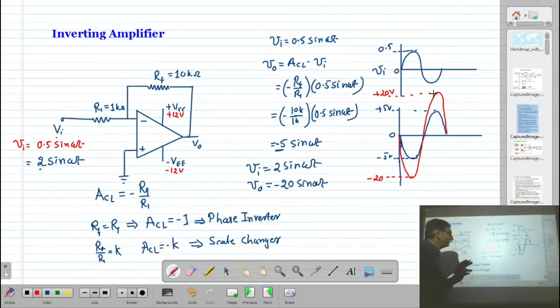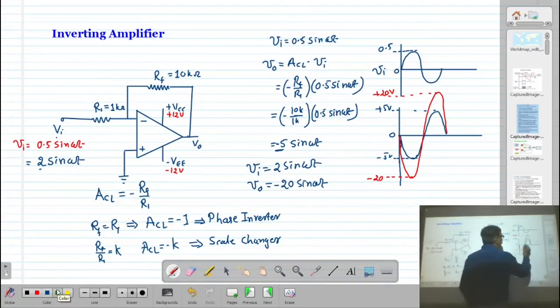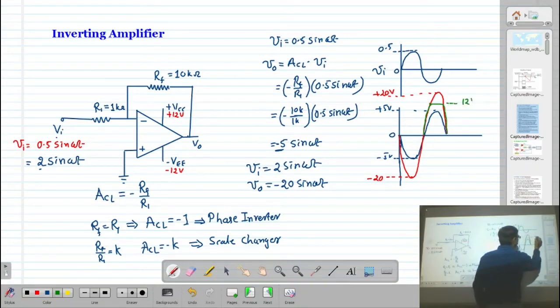So if you see this waveform, what will happen? It will be saturated here. At 12 volt, it is going to be saturated. So this level is 12 volt. In the same way, in the negative cycle, there will be a saturation, and it is -12 volt.